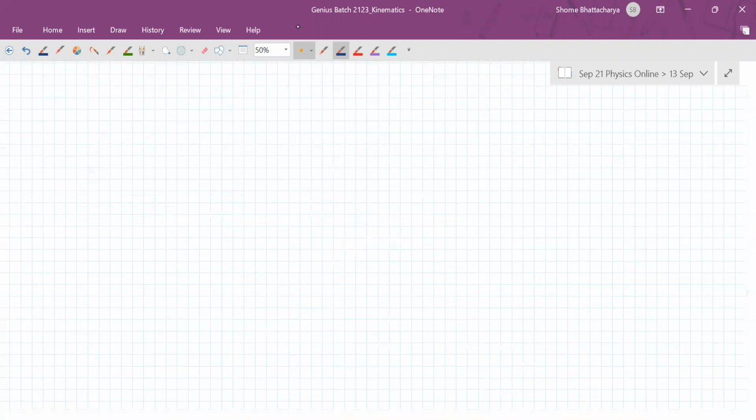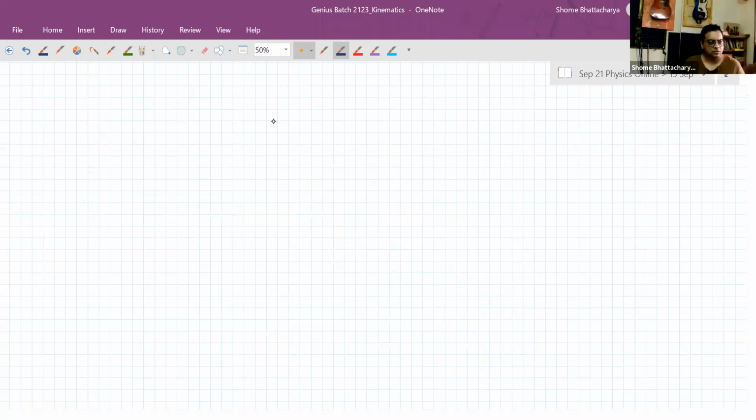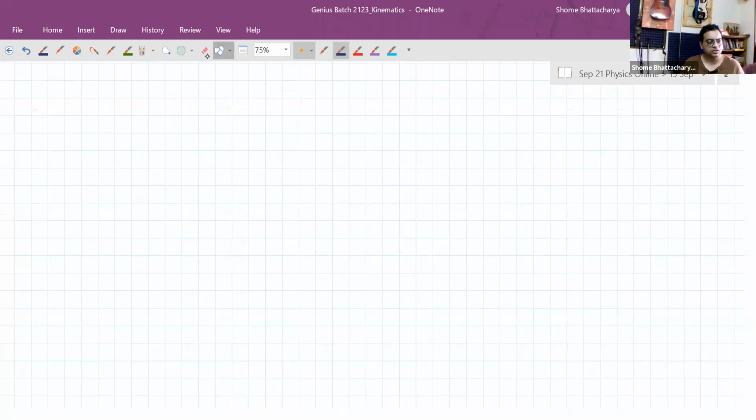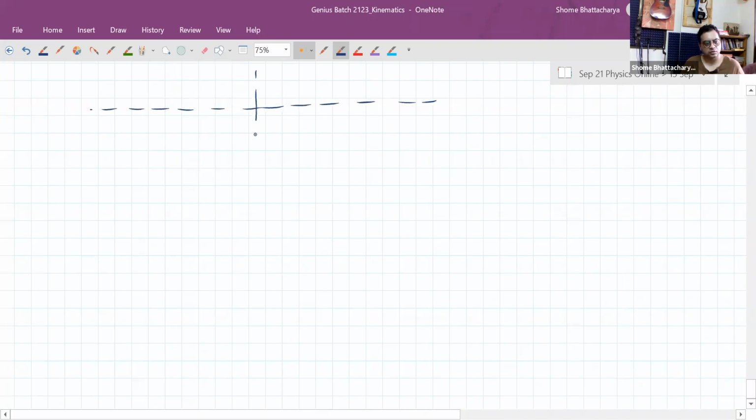Okay, so that other method I was telling you about, let's discuss that quickly. So you're seeing this in the ground frame. At t equal to 0, A is here. Its coordinate is, if you take this as x and y axis like this, A's coordinate at t equal to 0 is (-50, 0), and B's coordinate is (0, -50) at t equal to 0, and they are moving with uniform velocity 16 meters per second and 12 meters per second like this.